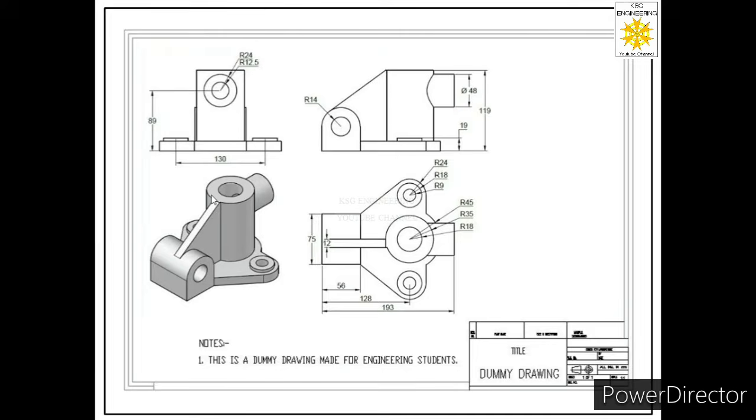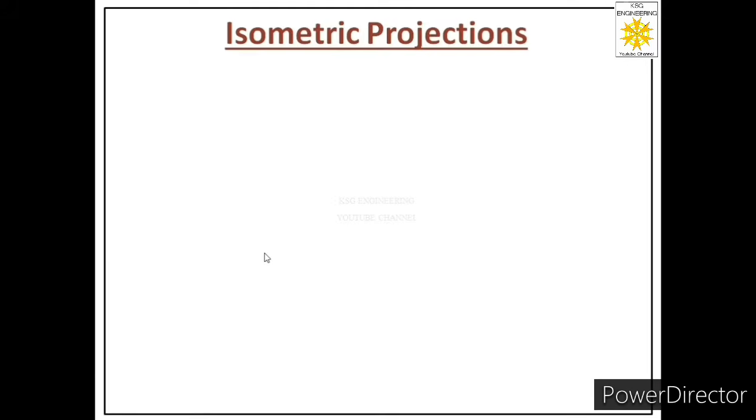So in just one drawing, all the three dimensions of the object are visible. And in order to draw this projection, we need only one reference plane, that is vertical plane. For that reason, we call these drawings as one plane drawings also.